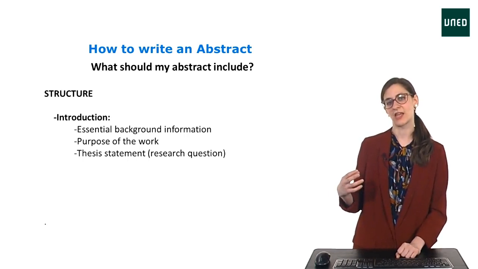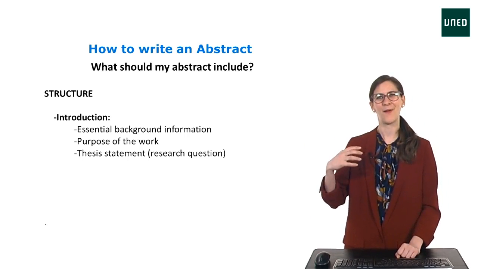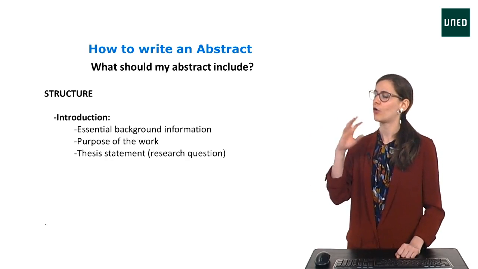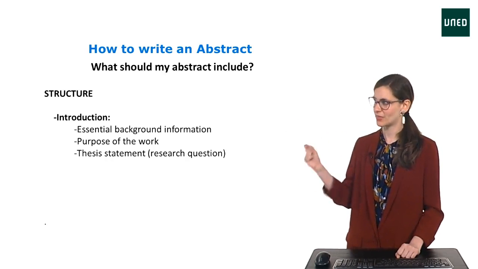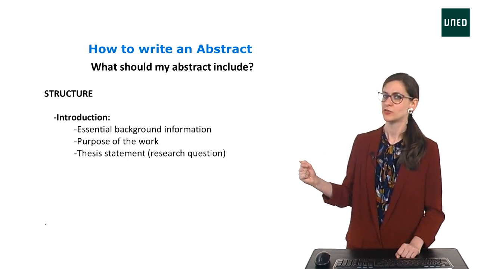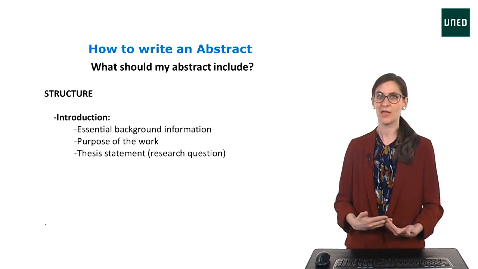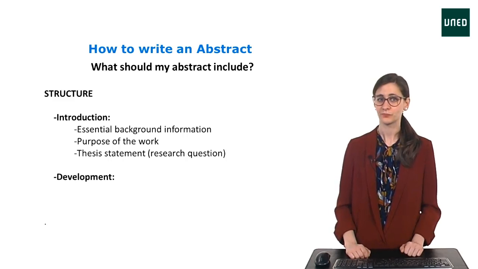The thesis statement is going to be linked to the main research question of our work. This means that the whole information in the abstract is going to be organized by this research question, and is going to be relevant to this research question, okay? So if something is not really relevant to it, maybe you should wonder whether it should be in the abstract or you can delete it.